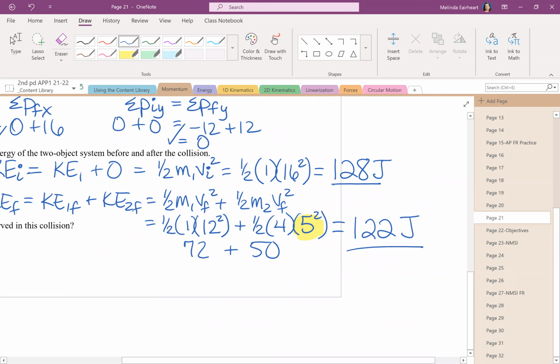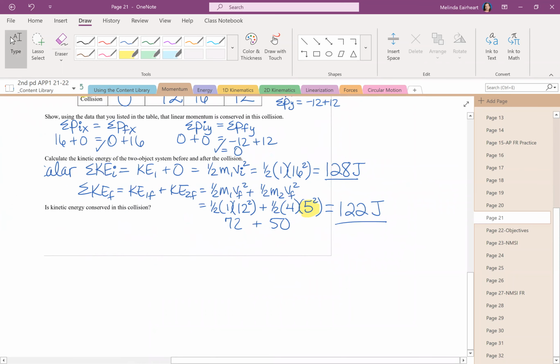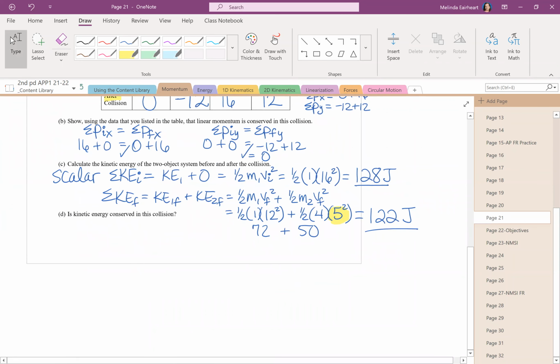Wait a second. Wait, let me make sure that's not the next question. Oh, it is. Is kinetic energy conserved in this collision? No. What kind of collision would we classify this? They bounce off each other. They don't stick together. Momentum is conserved, but kinetic energy is not. Partially inelastic.